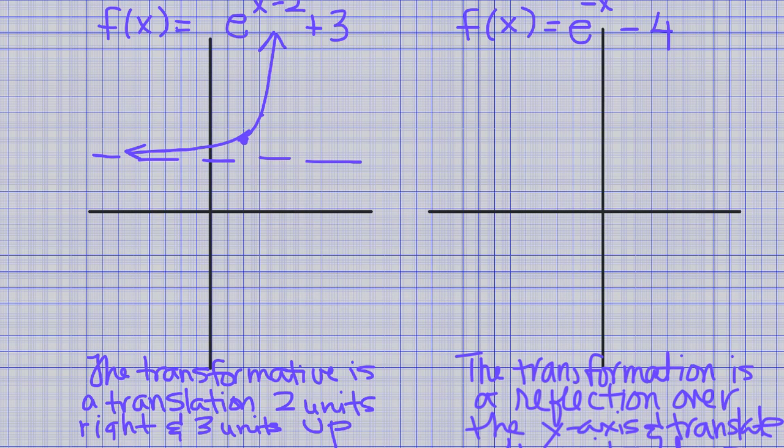Okay, so let's get started on that, excuse me. So the asymptote would have been here normally. We reflected over the y-axis, doesn't seem to change, but as soon as I move it down 4 units, I see a change. So I need to draw my asymptote 4 units below the x-axis.